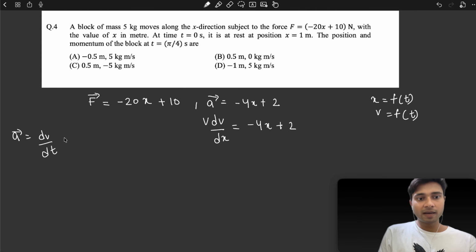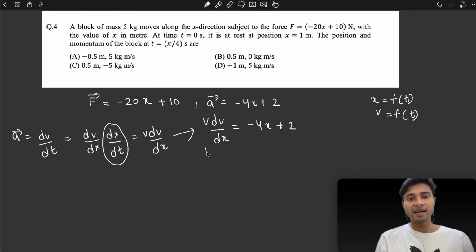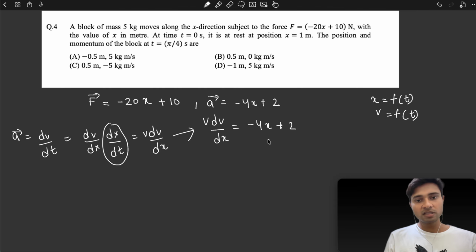If we multiply and divide by dx, we can write it as dv by dx into dx by dt. dx by dt is nothing but velocity, so it is v dv by dx. So v dv by dx is equal to minus 4x plus 2. If we integrate, will this help us?